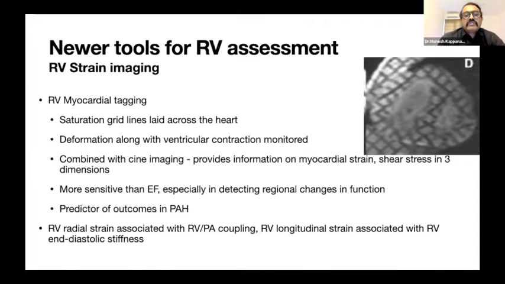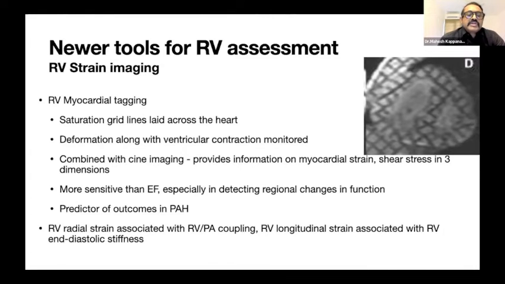And when you combine this information with cine imaging, it provides wonderful information on myocardial strain, shear stress, and volumetric information. It is more sensitive than ejection fraction, particularly when you talk about regional changes in function, and can be a good predictor of outcomes.